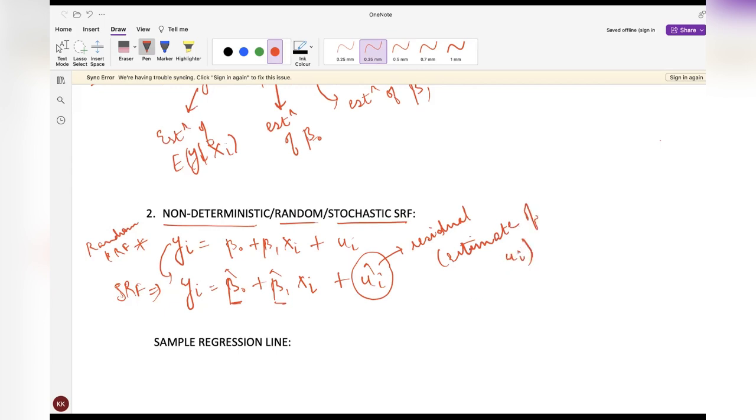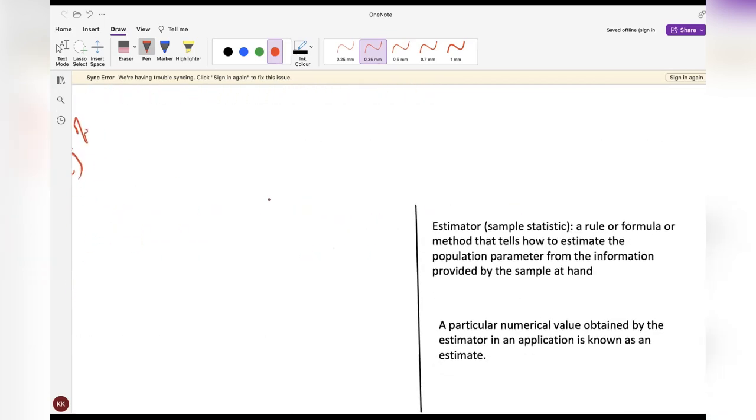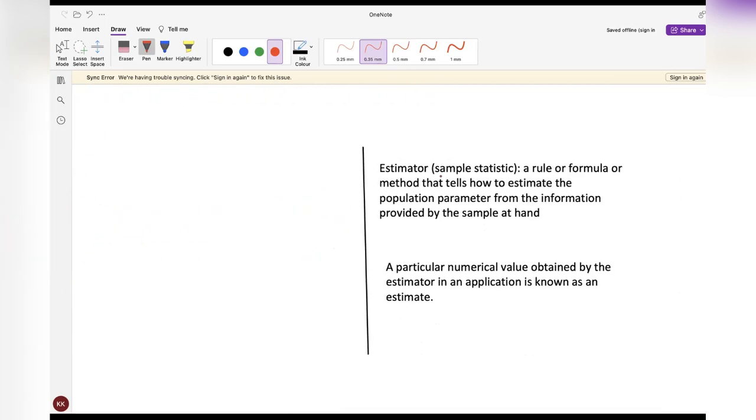Now, what is the difference between an estimate and an estimator? Let's see the definitions. An estimator, which is also known as a sample statistic, is a rule or formula or method that tells how to estimate the population parameter from the information provided by the sample.